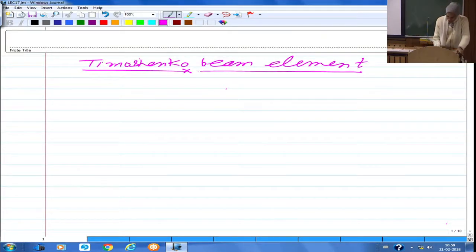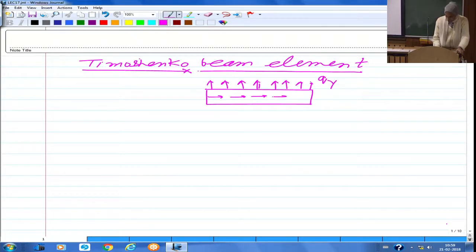What we did was consider an element which is subjected to transverse force as well as axial force. Of course, these are distributed forces, and there can be concentrated forces and moments. We called this Qy, and then we had Qx, the distributed force along the x direction. Here is your element x axis, and this is the y axis.